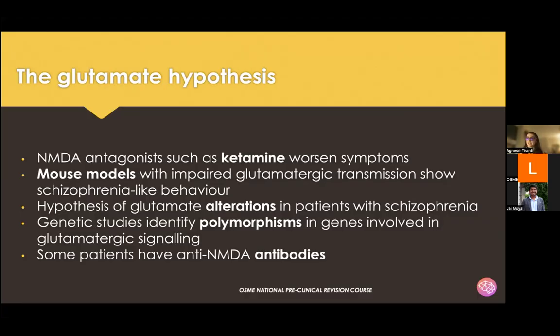And the genetic studies, like the one we looked at before, show polymorphisms in some genes involved in glutamate transmission. And further to this, some patients were found to have anti-NMDA antibodies. And as you remember, NMDA is a receptor for glutamatergic transmission. So all these things pointed at maybe glutamate is involved.